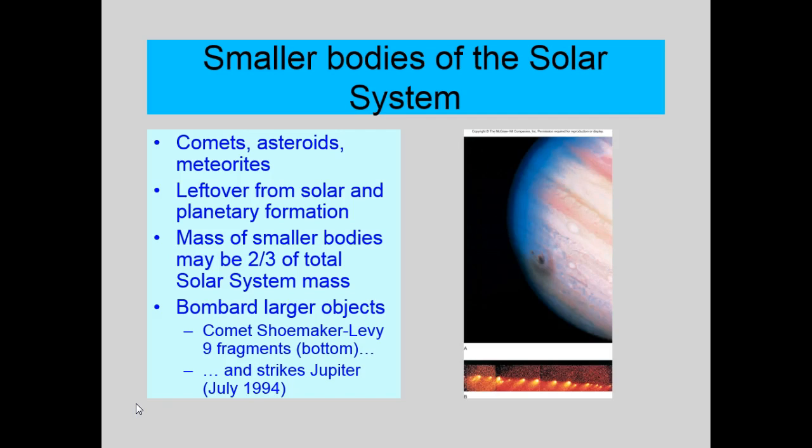Now this next bullet, I know what they're trying to say, but it's not quite accurate. The mass of the smaller bodies may be 2/3 of the total solar system mass. Now, does that not ring a bell with anybody right now?